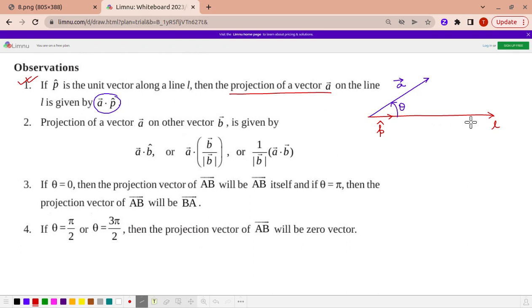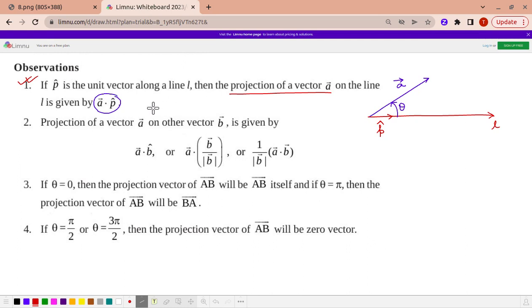Okay. So, when you are going to find the projection of a vector, it has to be projection along a line. Now, on that line we get a unit vector P cap. Okay. So, what we get is A dot P cap. That is the projection of a vector A on the line L, that is A dot P cap. I hope you got it.